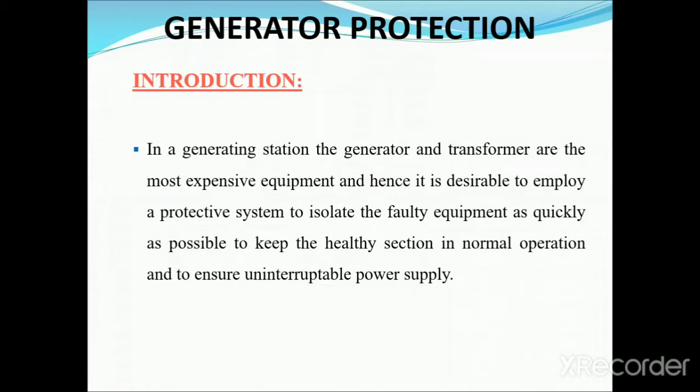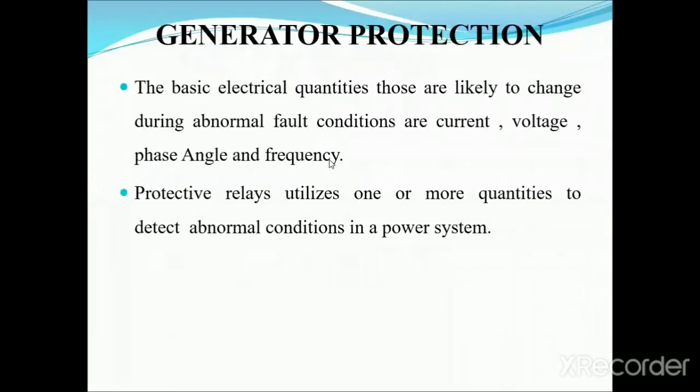That's why we compulsorily give the separate protection for that generators and transformers, for quick isolation of faults and to keep the healthy section in the normal position, for uninterrupted electrical supply. To obtain uninterrupted power supply, giving the separate protection for generators and transformers is one of the basic main considerations.